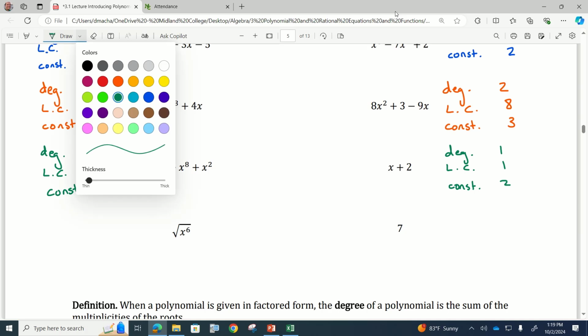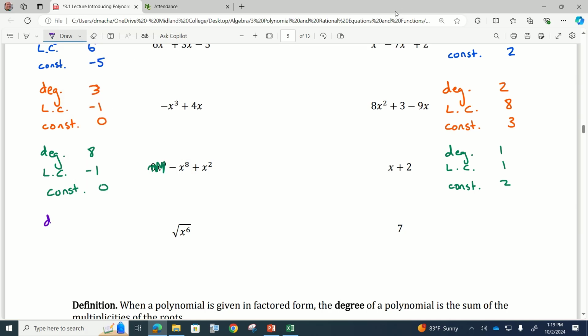Okay, on the bottom left here, what's my degree? 4. This is a little bit of a trick question. If I have x times x times x times x times x times x, that is x raised to the power 6.